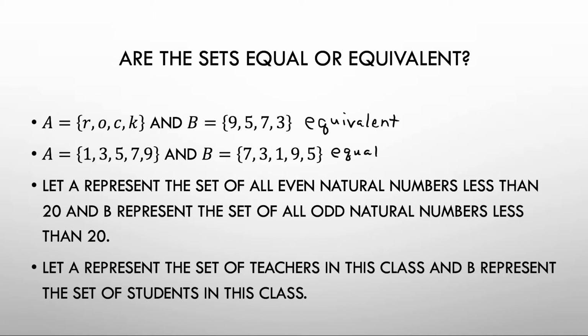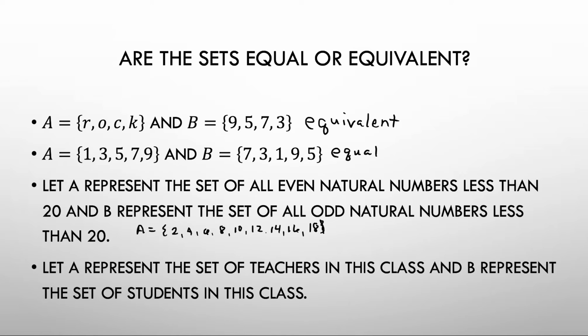Our next example says that we want A to represent the set of all even natural numbers less than 20. So I'm going to go ahead as we start and jot this down. Even natural numbers less than 20 would be 2, 4, 6, 8, 10, 12, 14, 16, and 18.